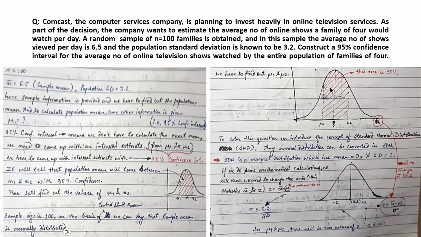Earlier, we were calculating the values for x1, x2, and using the CDF function we could find the probability. But here it is reverse. Here the probability is given. This area is 95%, a 95% confidence interval, and we have to find these values of x.